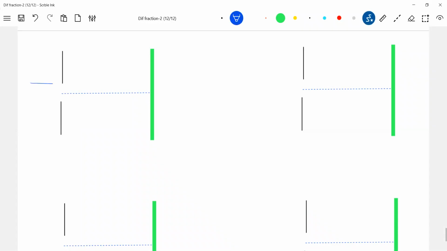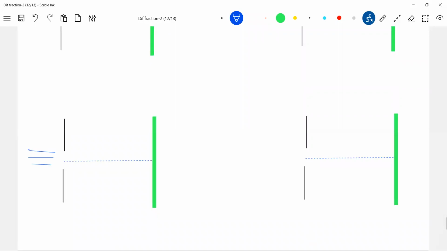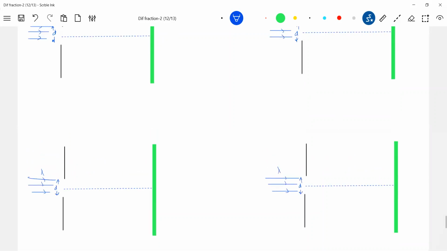So this is the parallel beam of light, with the width of the slit.